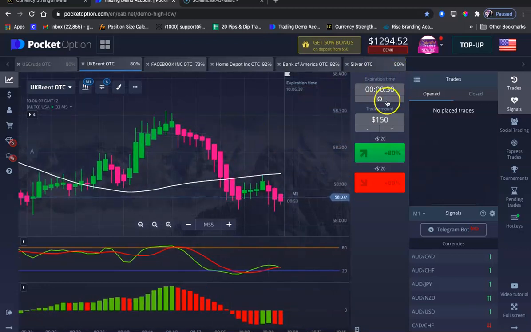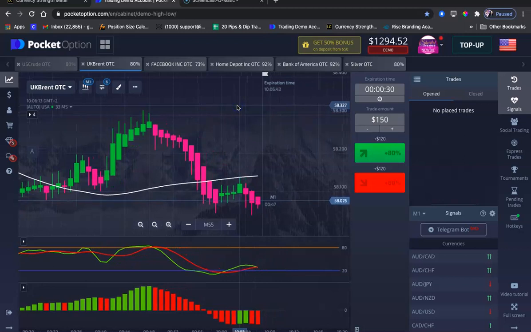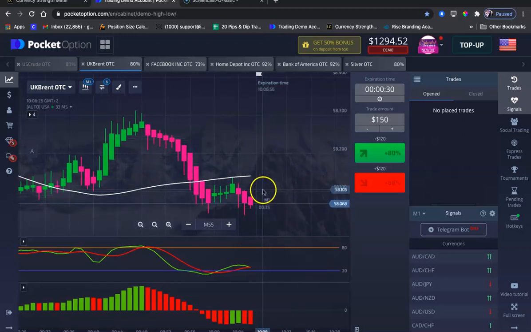Because I'm taking a 30-second trade, right? 30 seconds is my time frame. And in that 30 seconds, the only thing that I need to decide is: is this price action going to be above or below my entry price? Did you catch that? Is the price action going to be above or below my entry price, right?